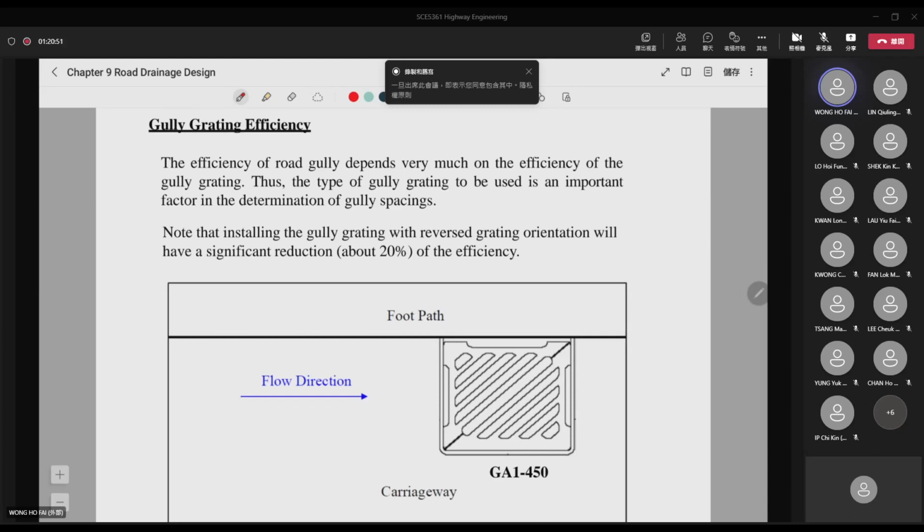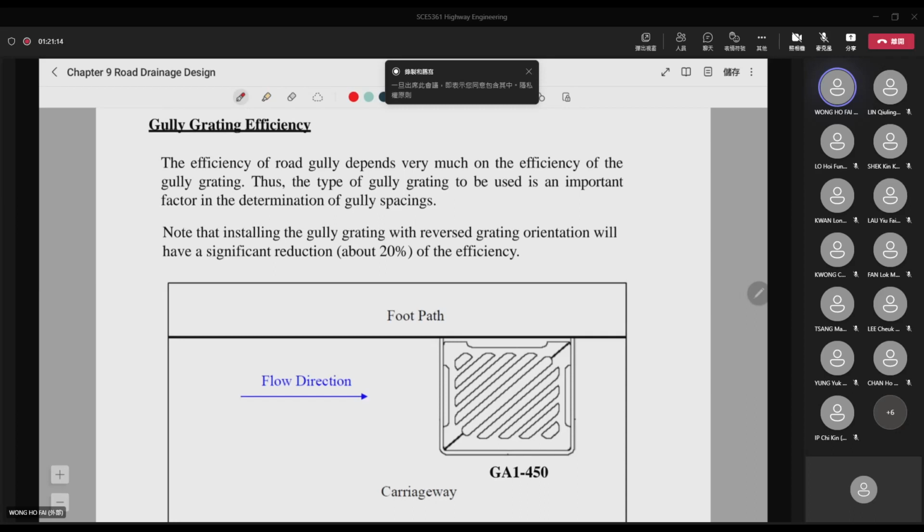It doesn't give the criteria here. I think there's just one classmate mentioned this one type which is actually being used on the road. But actually the guideline didn't mention that new type of the grating. Okay?